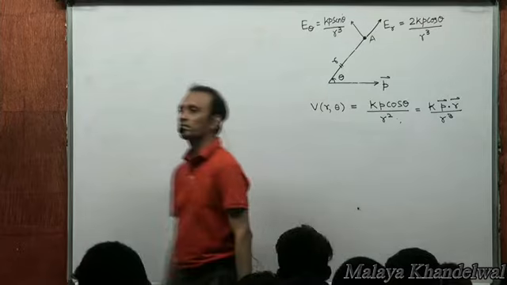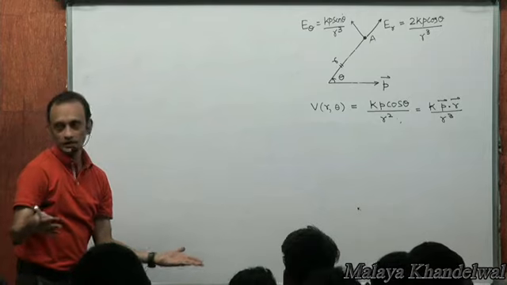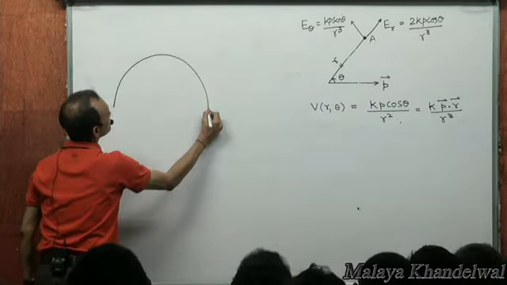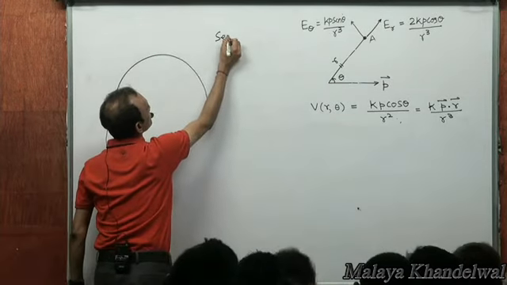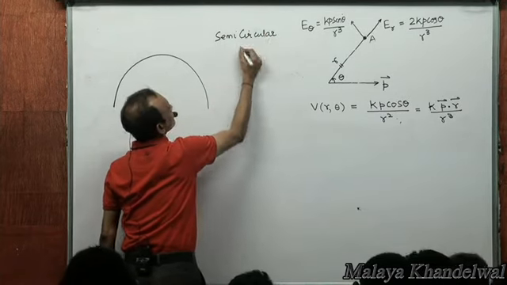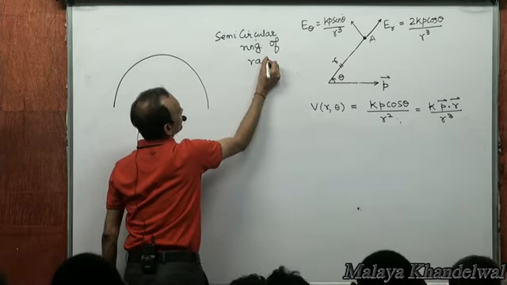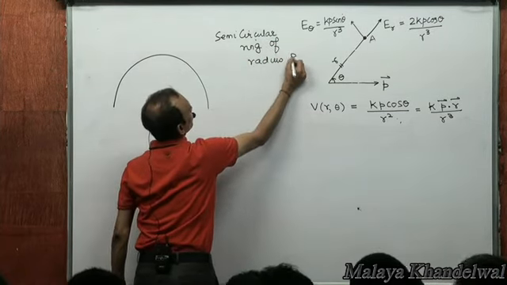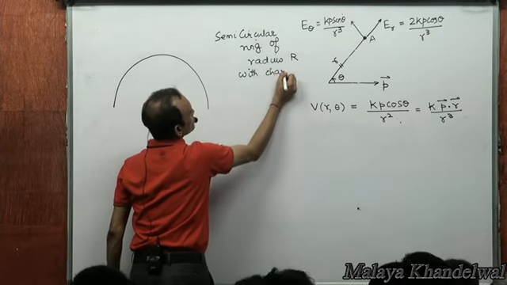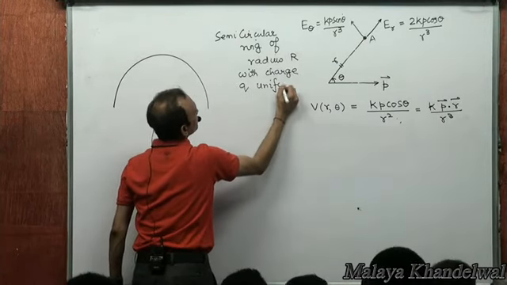Suppose I have a semicircular ring of radius r with charge q uniformly distributed on the circumference.